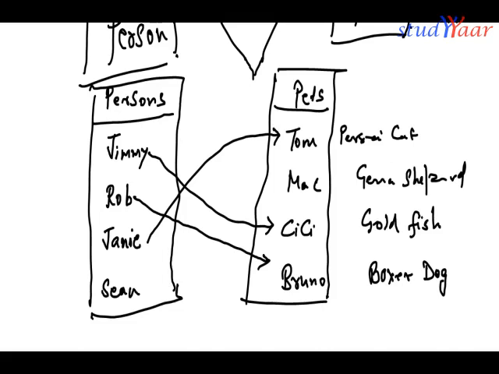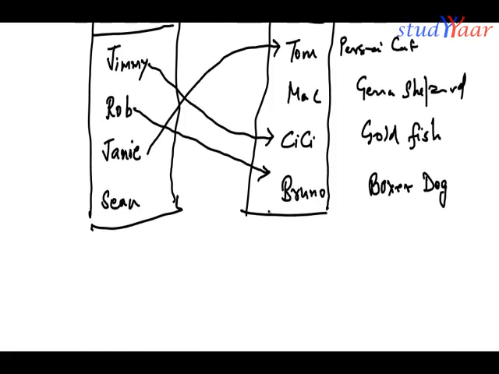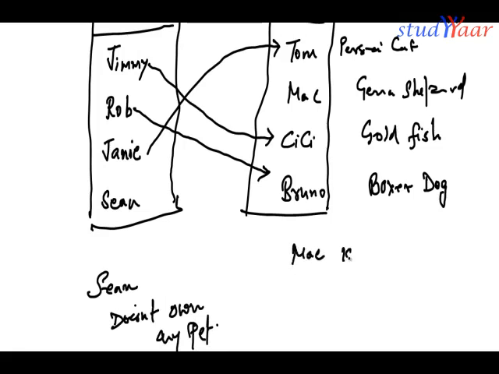So we'll have a relationship between Jimmy and Cece, Janie and Tom, and Rob and Bruno. Just understand here, Sean doesn't own anything, doesn't own any pet. And Mac is not owned by anyone.